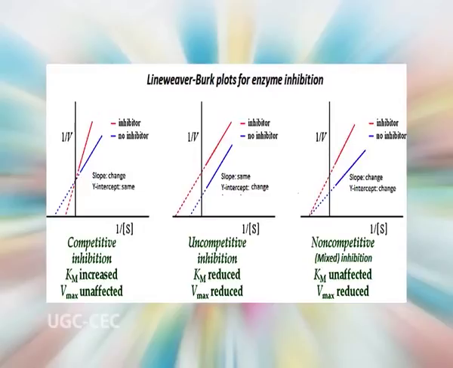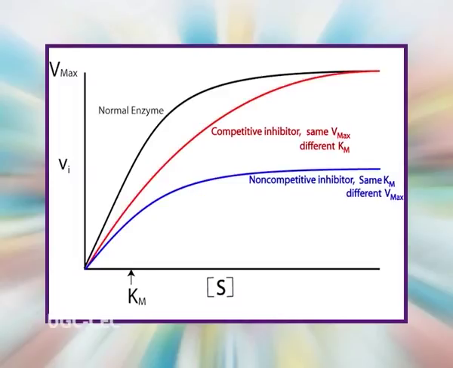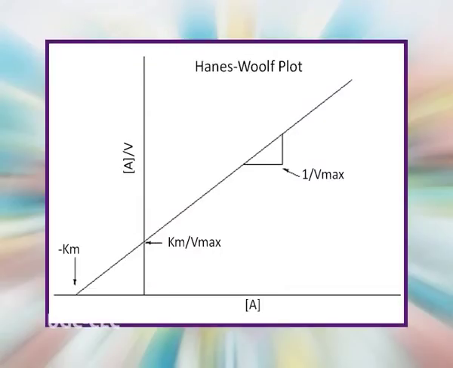The double reciprocal plot distorts the error structure of the data, and it is therefore unreliable for the determination of enzyme kinetic parameters. Although it is still used for representation of kinetic data, non-linear regression or alternative linear forms of the Michaelis-Menten equation such as the Hanes-Woolf plot are generally used for the calculation of parameters.